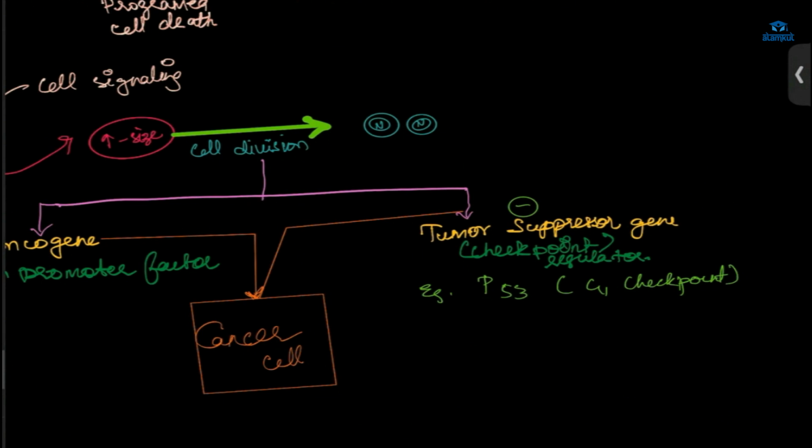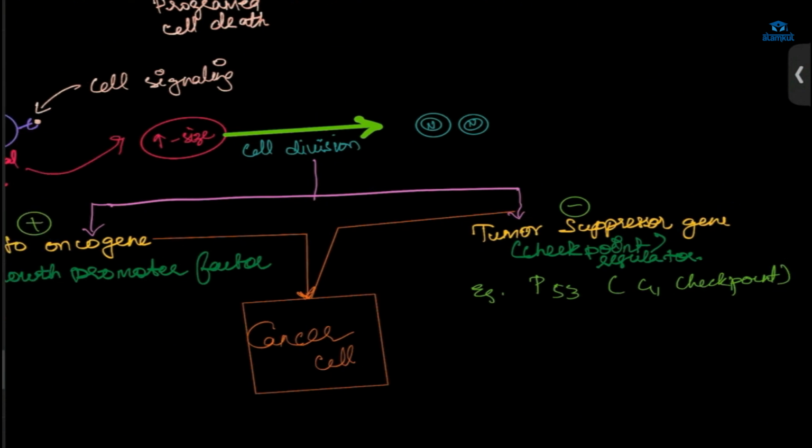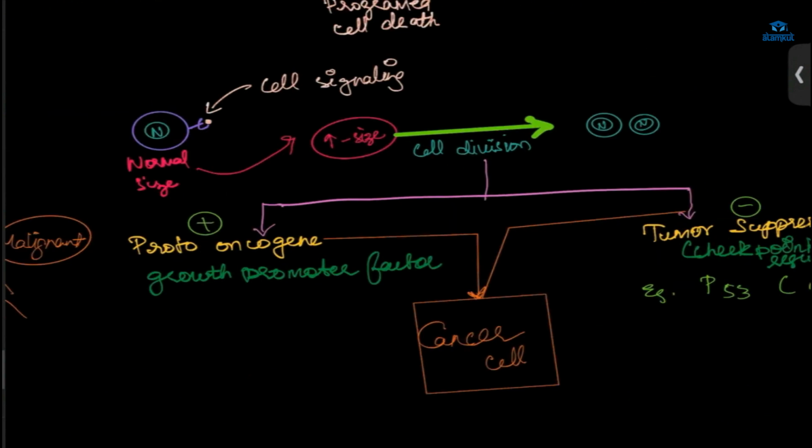In the cell division, there are many checkpoints, right? It checks that the cell condition is okay. If there is something wrong, the tumor suppressor gene will suppress. And this proto-oncogene, what does it do? It promotes growth.